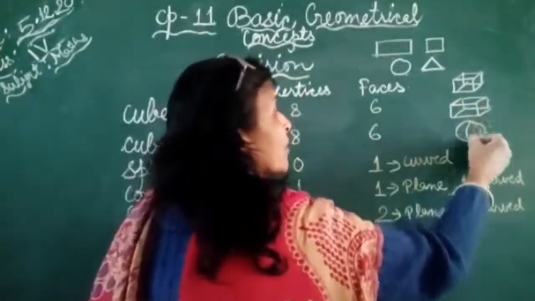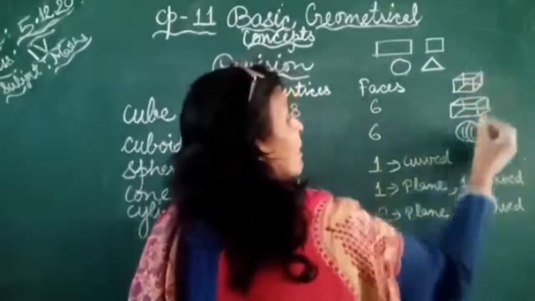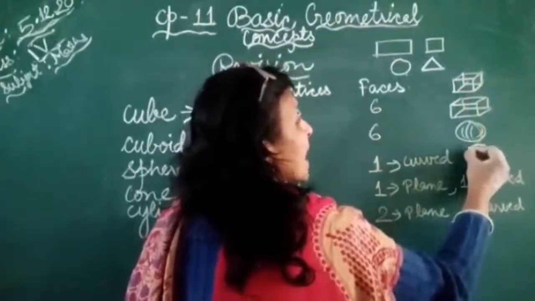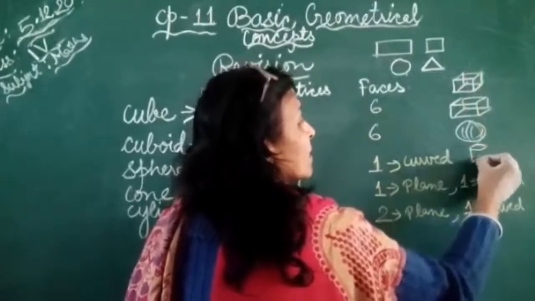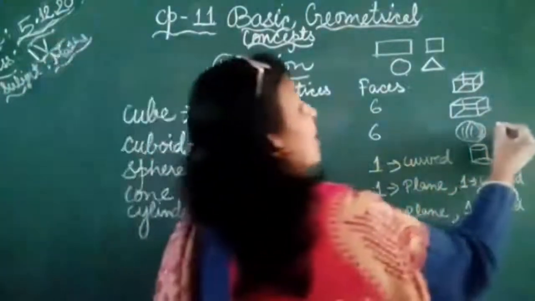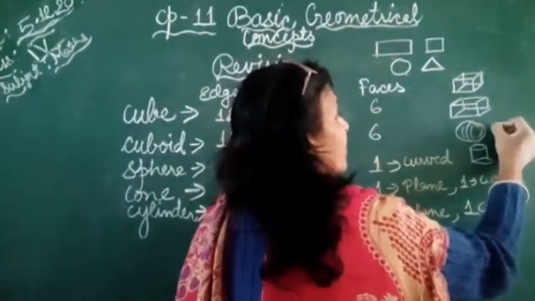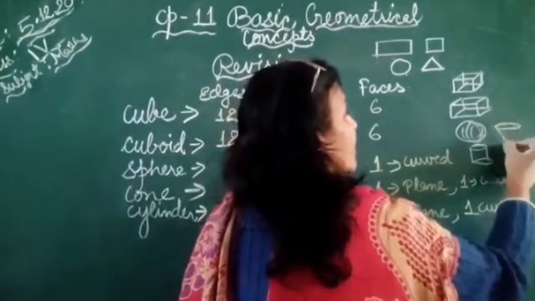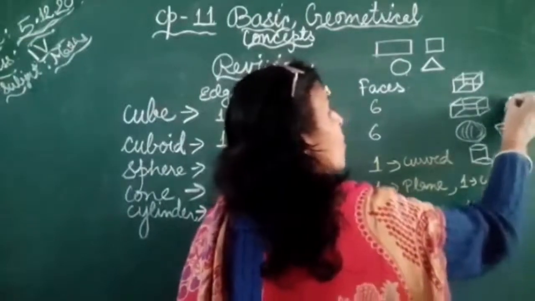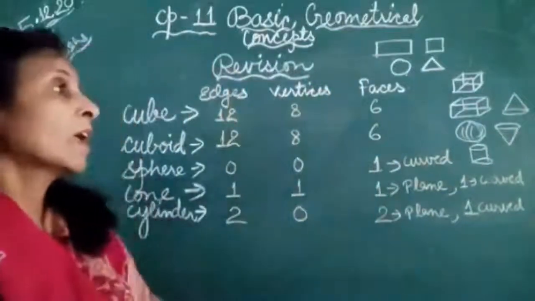This is a sphere. Then comes this cylinder. This is the figure of the cylinder. Then cone. This is the figure of a cone.